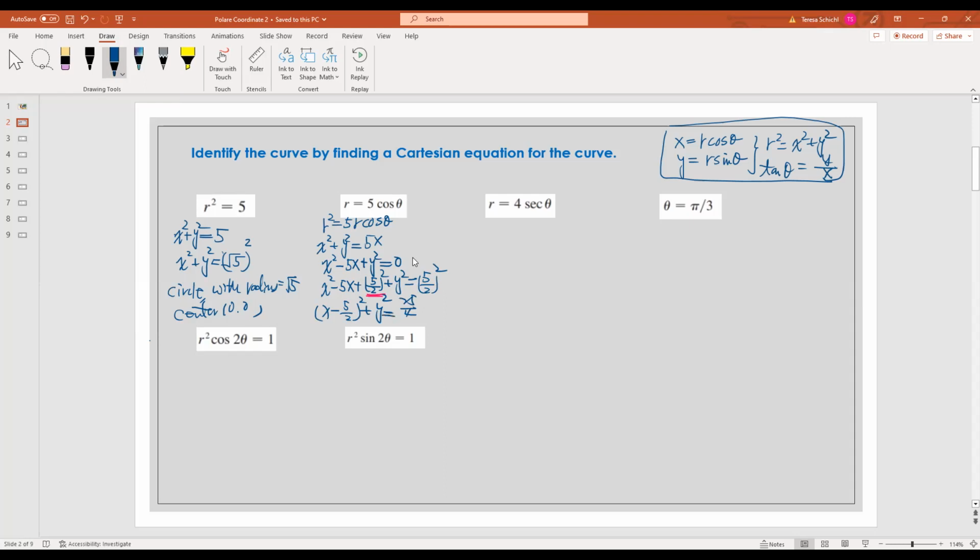What is this again? This is a circle again.